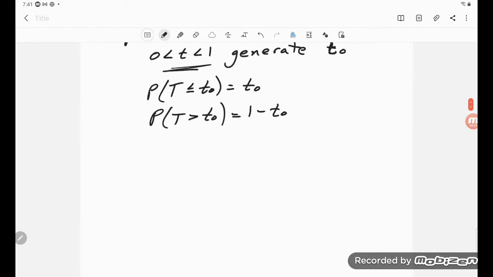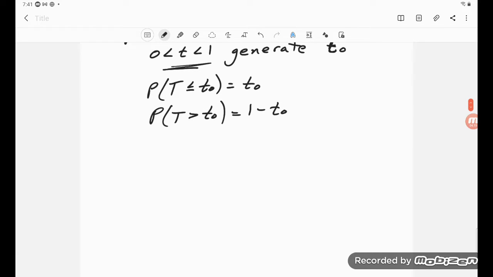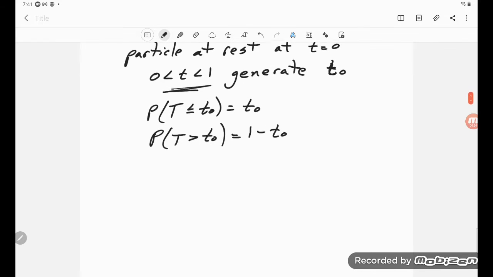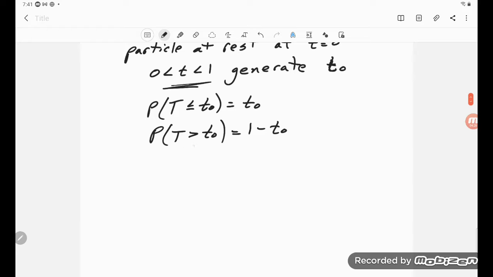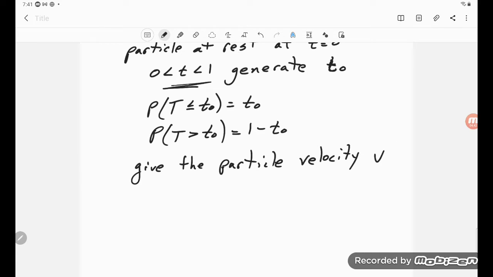So we have that, and now we generate that t0, and at that point we give the particle velocity v at t0.